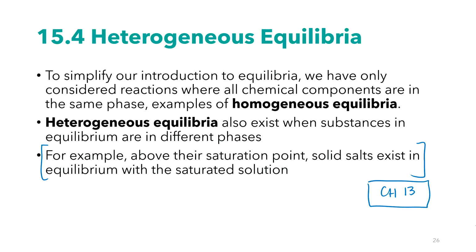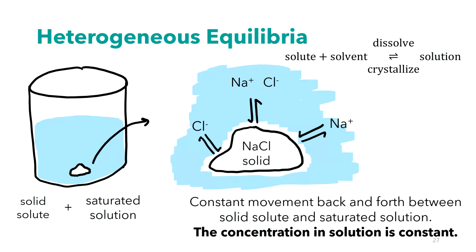Okay? All right, remember, we said, okay, I can put in some NaCl. It will dissolve. I put in some more. And then it will dissolve. But eventually you hit a saturation point. Beyond that saturation point, we have a dynamic equilibrium. Okay?